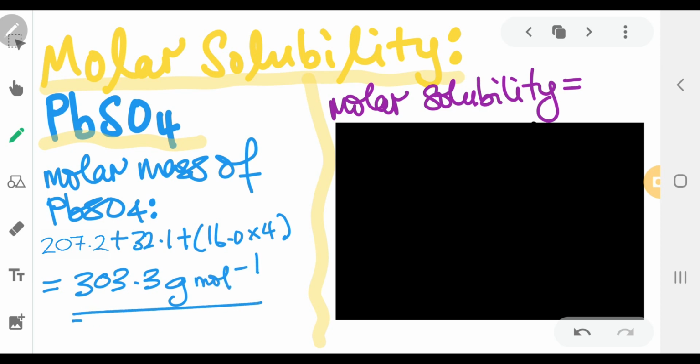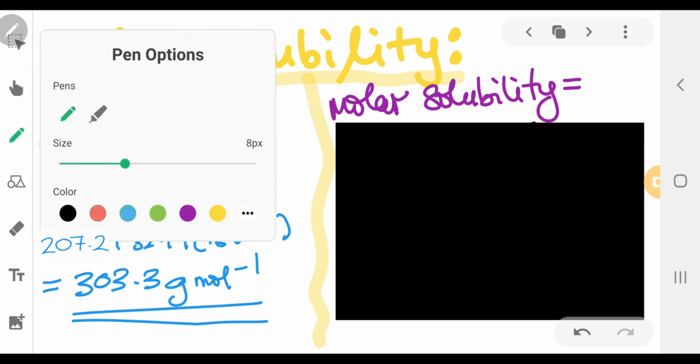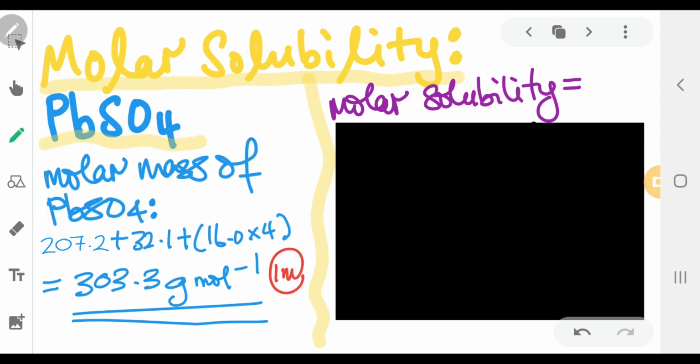So that is the molar mass, and you should be able to get 1 mark for that.